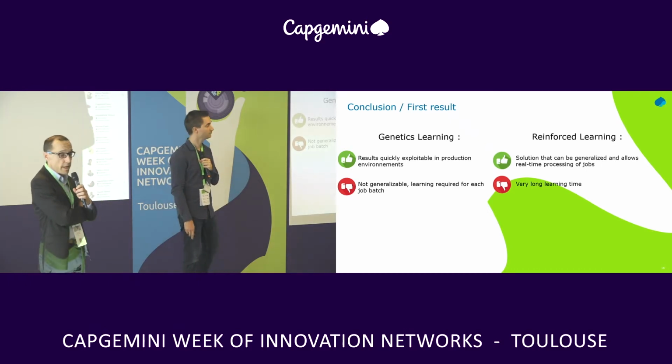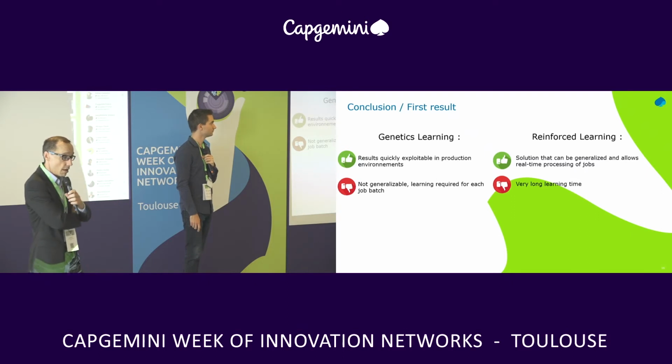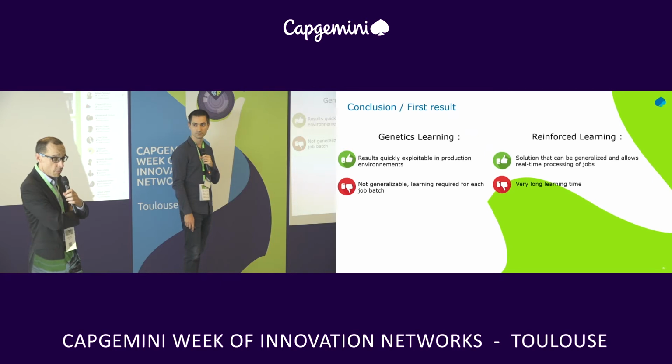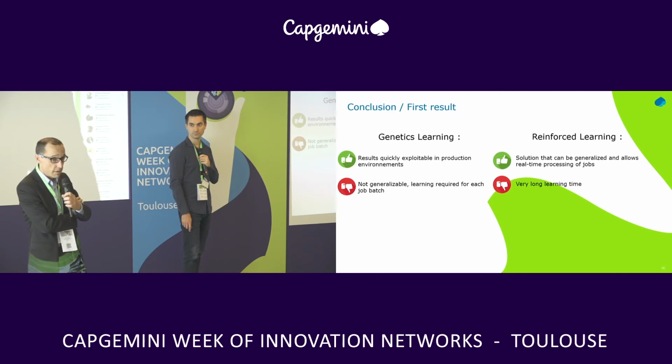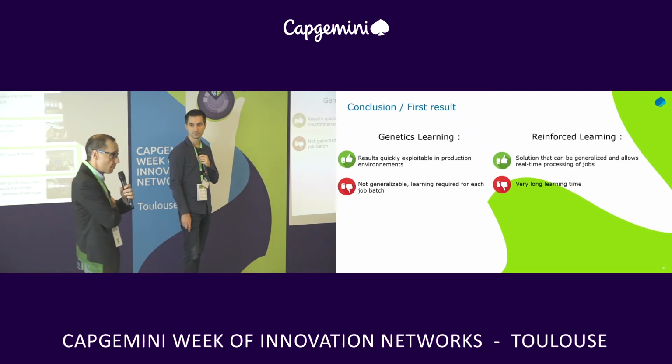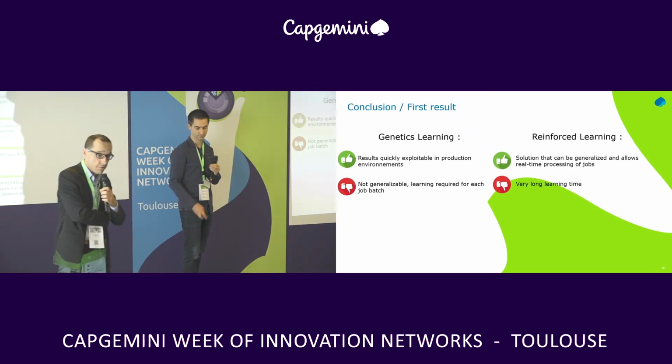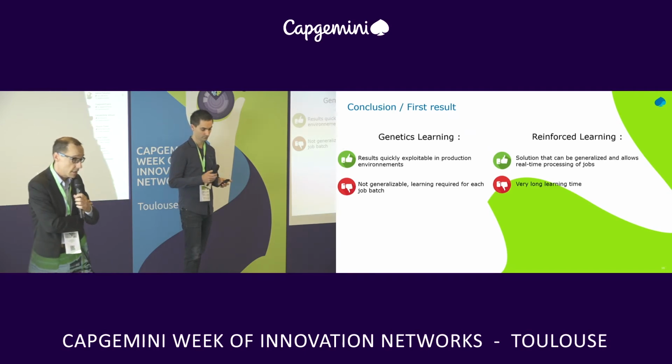So we can simulate off-batch all the draws that we want in order to learn the model very closely. And by using these neural networks, it can be generalized much better than other methodologies. And it can be used for real-time batch processing.